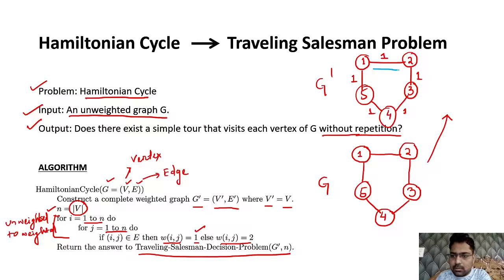If you start from 1, then 2, then 3, then 4, then 5, then 1, because this is what our traveling salesperson is. We will collect all the vertices and, as per these vertices, we will try to complete this. So the vertices, if you count, are 1, then 2, then 3, 4, and 5.